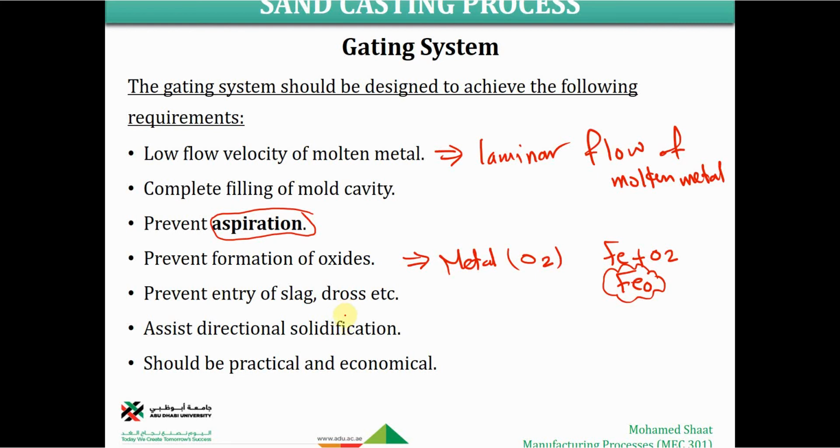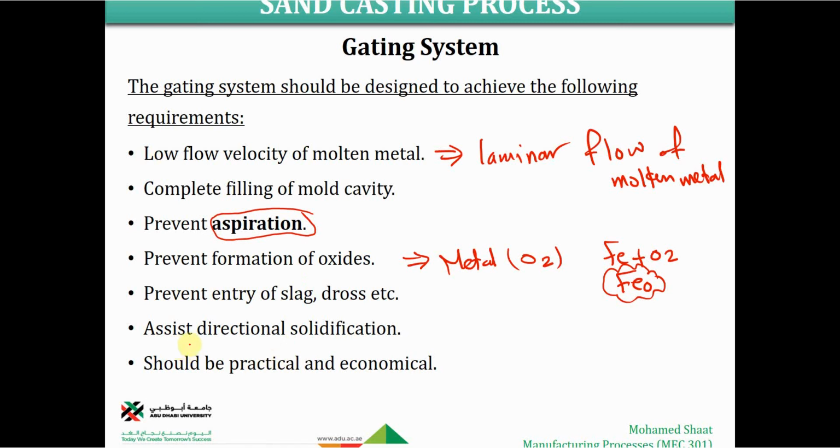So we have to take precautions while we are pouring the molten metal through the gating system, and we have to put some obstacles in front of the slag, dross and dirt to keep them from filling into the mold cavity. This should be done while we design the gating system.